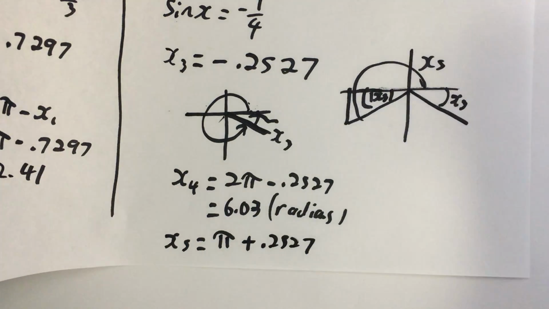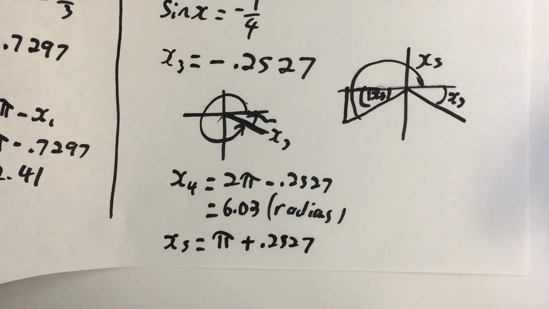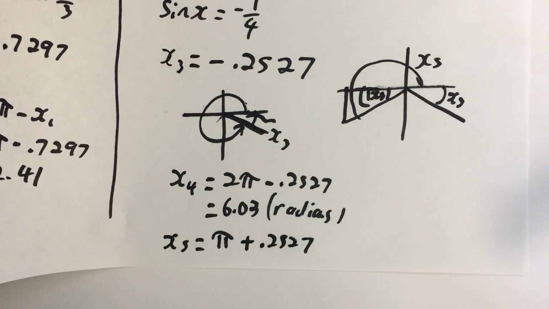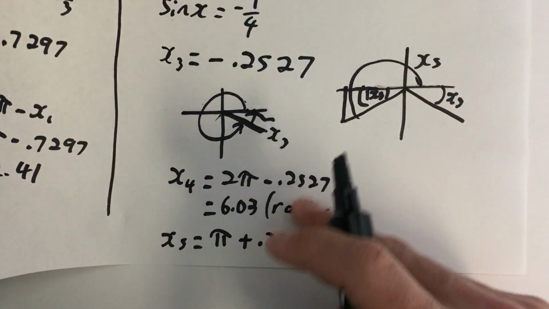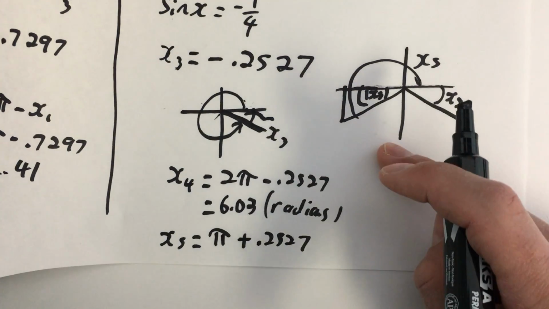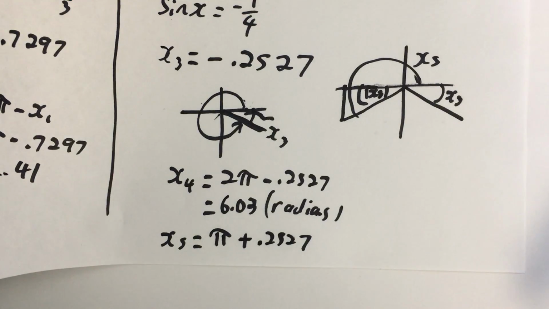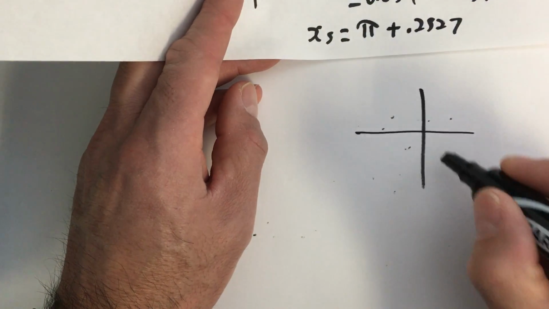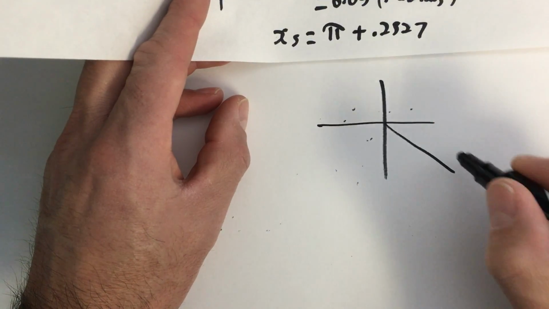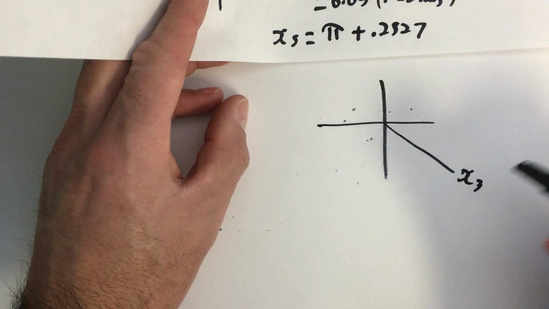Now, if you dig around in your math textbook, you can find a chart that says if it's sine and it's positive, or if it's cosine, you add pi, you subtract it from pi. I prefer that your goal is to understand it. So I would rather that you draw this out, you label the angle that you have, let's say that's x3.